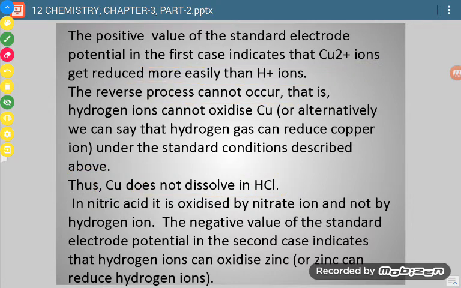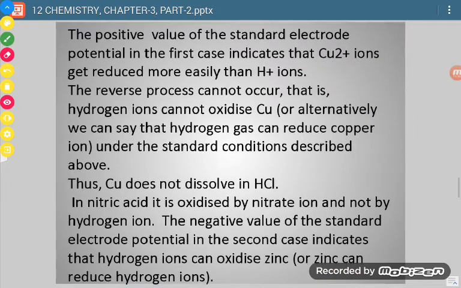Similarly, when we get a negative value, it means the reverse. Here, hydrogen undergoes oxidation and copper undergoes reduction. But in case of zinc, zinc will undergo oxidation and hydrogen will undergo reduction. So this is what we come to know from the positive and negative values.